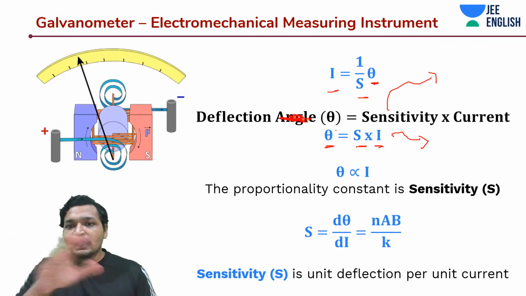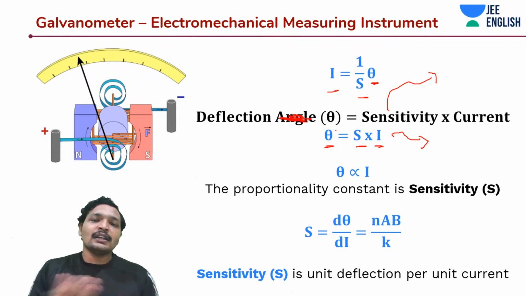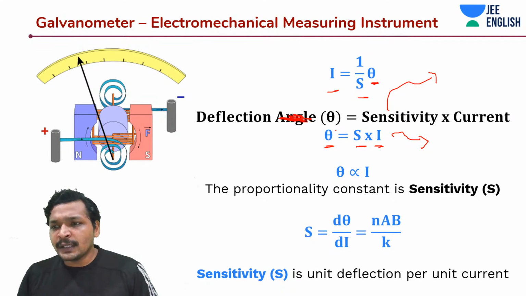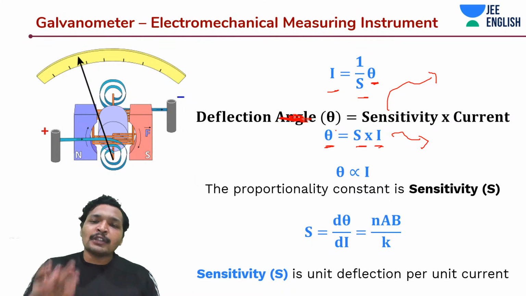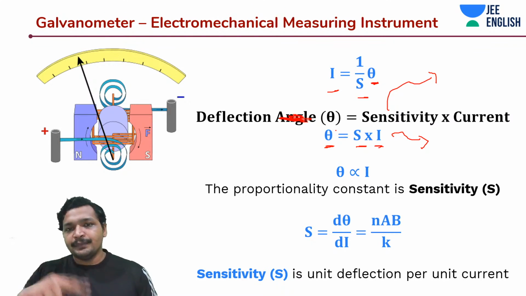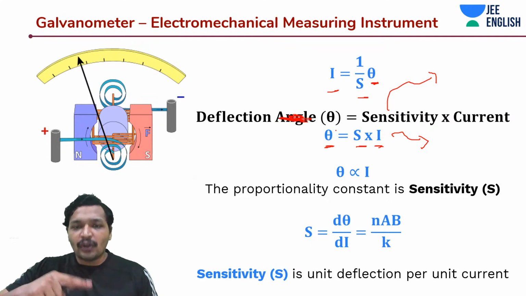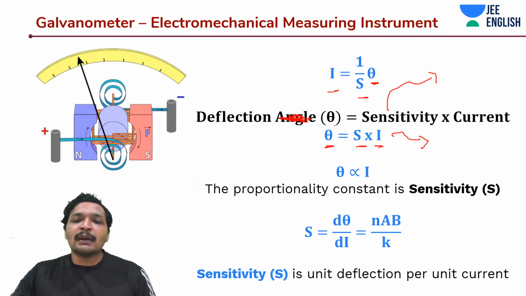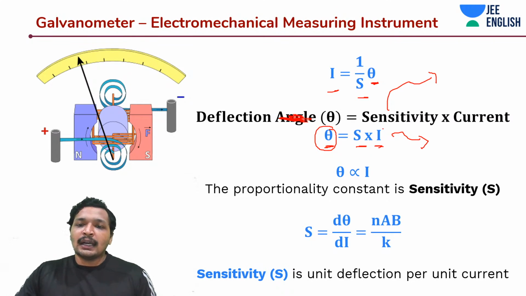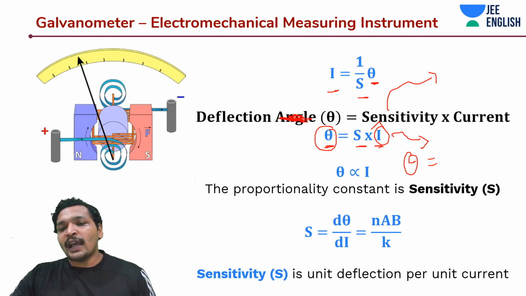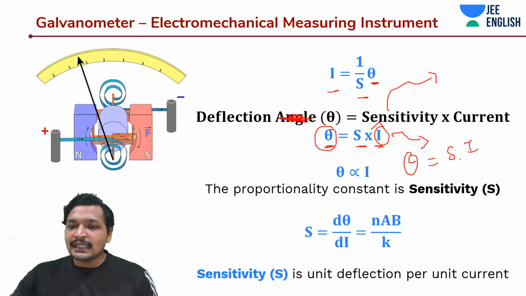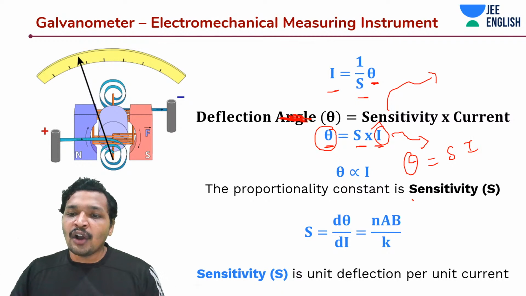Digital scales have come up, that's a different thing, but think about the analog scales. They are calibrated based on inches or centimeters. So they're trying to think about mechanical deflection in terms of current. And how do you correlate them? Theta is equal to S into I, where S is the current sensitivity or sensitivity.